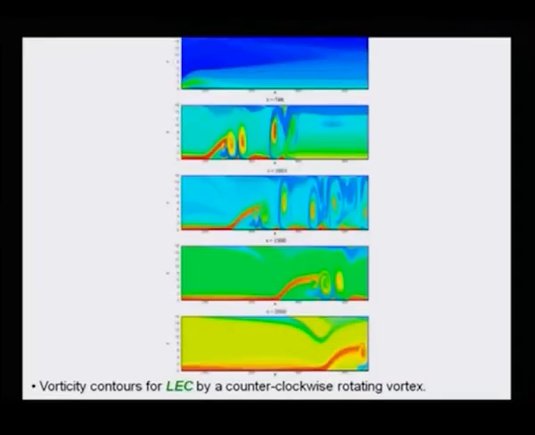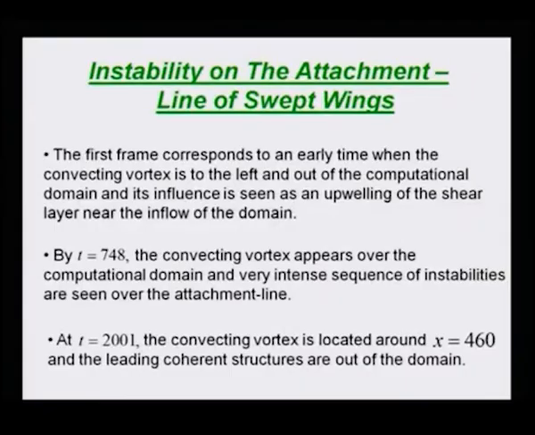You can, as I said, that was that. The second frame, that is at t equal to 748, the convecting vortex appears over the computational domain, and the intense sequence of instabilities are seen.